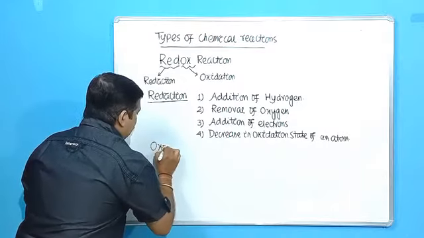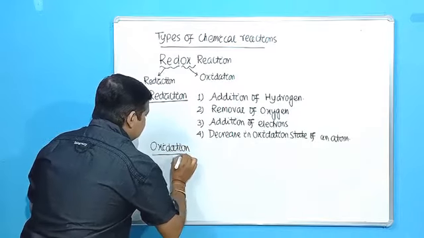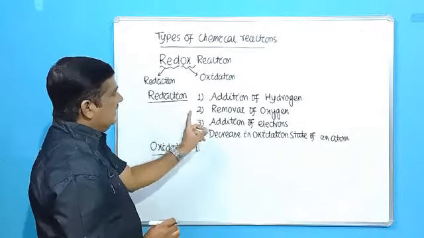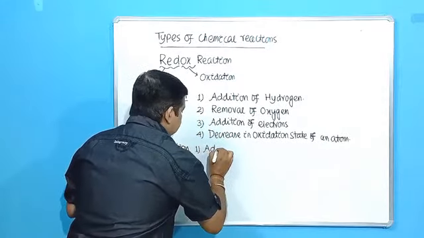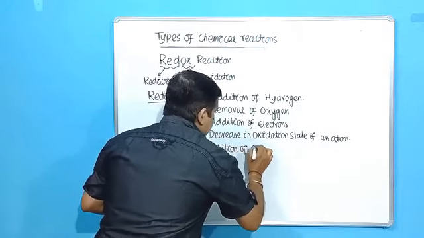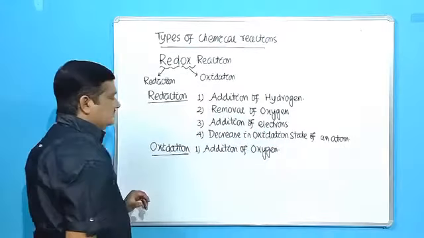Then next, how to define oxidation. Just the reverse. So first definition. Here it was addition of hydrogen, here it will be addition of oxygen. So in any reaction where oxygen is added is called oxidation.